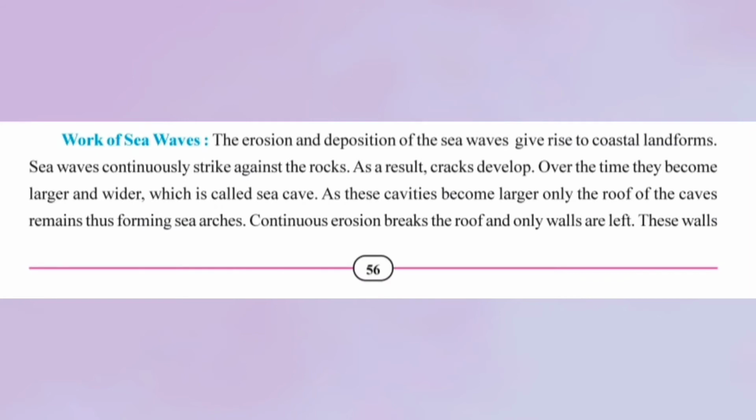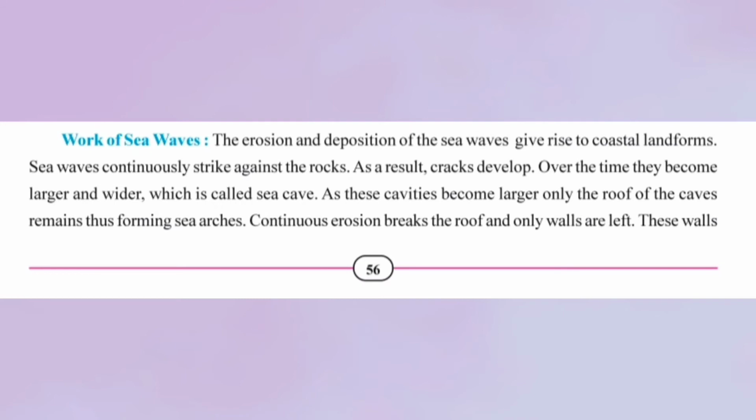For example, you have action of sea waves and you see rock marks. Here is erosion activity and there is formation of a cave. That means within the rock there is a certain section that is eroded away, and now you have a kind of cave where you can pass by. It's a kind of erosional feature.